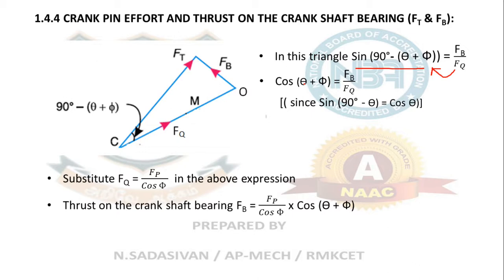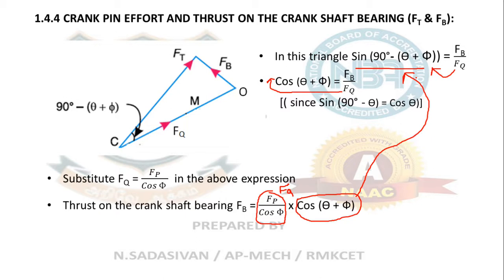So cross multiplying, Fq cos theta plus phi equals Fb. Therefore Fb equals Fq cos theta plus phi. This is nothing but sin 90 minus theta plus phi, because sin 90 minus theta is cos theta.